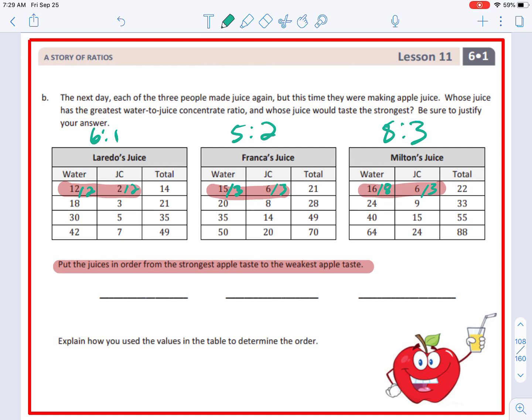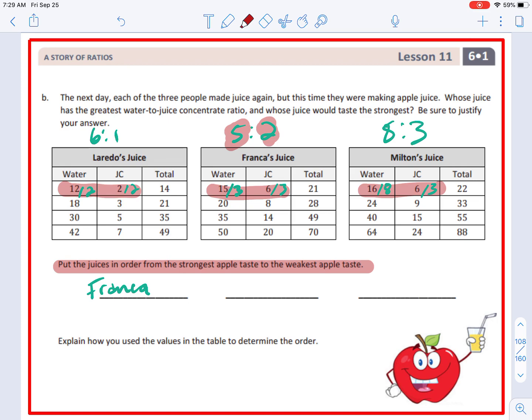All right, so put the juices in order from the strongest apple taste to the weakest apple taste. So Franca would have the strongest taste, because for 5 cups of water, 2 cups of concentrate. That's 3 cups more.